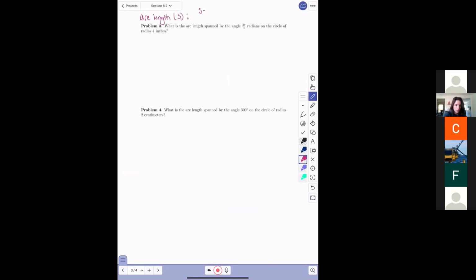So s is equal to theta times r, where theta is the radians and r is the radius. So in this case, our theta is 3 pi over 4 and our radius is 4. So s is equal to 3 pi over 4 times 4, which is just equal to 3 pi inches.